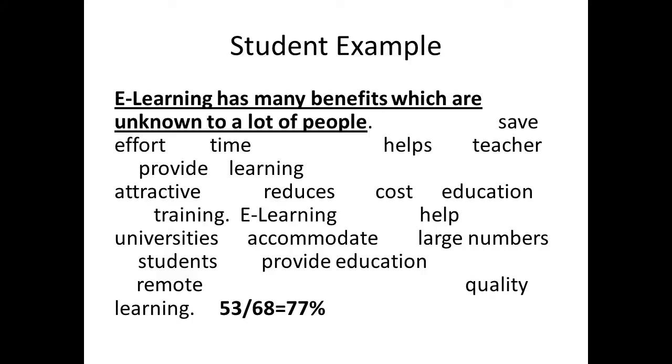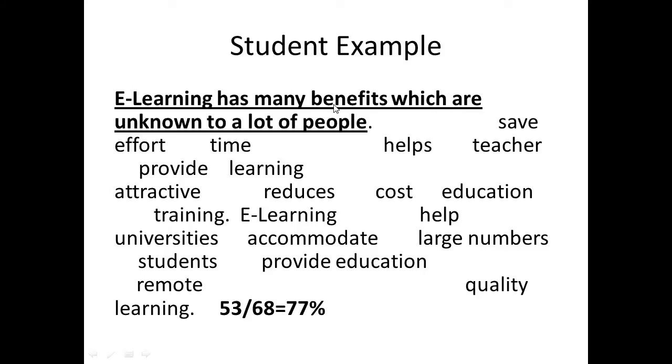Often, when I have troubled paragraphs and I'm trying to read them, I look at the content words and I realize that the student is not really talking about what they say they're going to talk about because there aren't any content words for the topic sentence. Here, it was about benefits.